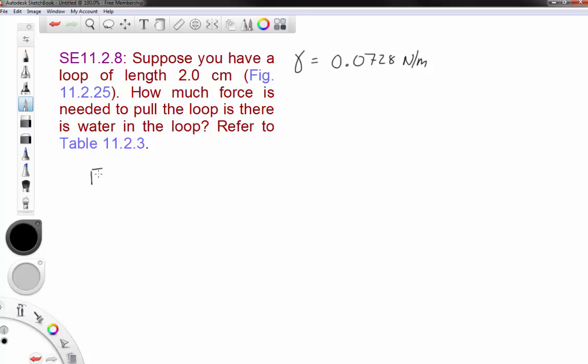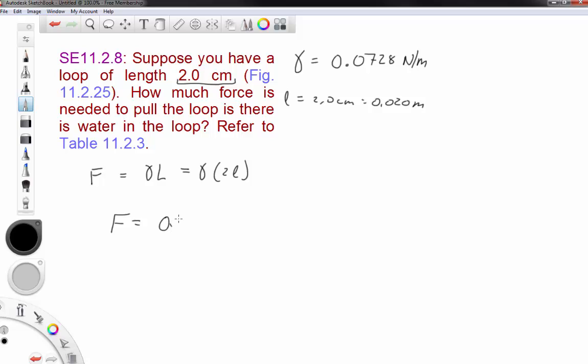So we use basically that the force is the surface tension times the length, and in this case the length is twice the length of the loop. Length of the loop is given here as 2.0 centimeters, so L equals 2.0 centimeters is the same as 0.020 meters.